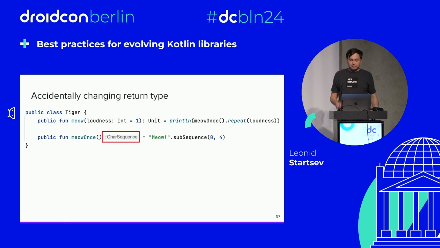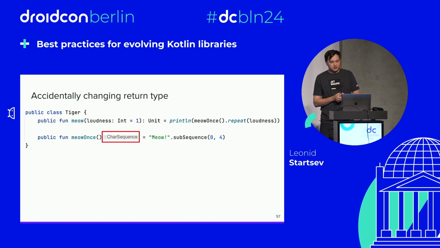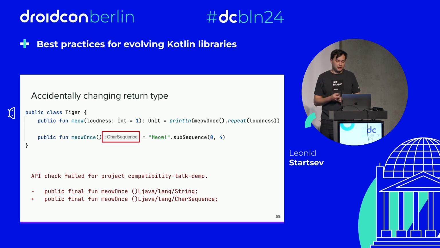But unfortunately, code can change, things can change, and we can accidentally change the return type. So if we call some function that returns, for example, char sequence instead of string, the result type of our meow once function will also change to char sequence. And this is, of course, also a binary incompatible change from a JVM point of view.